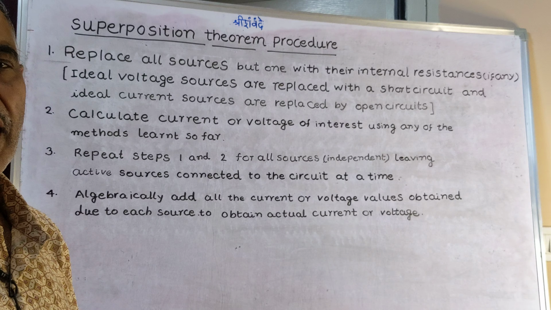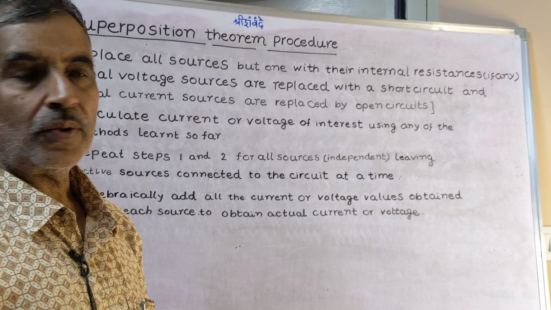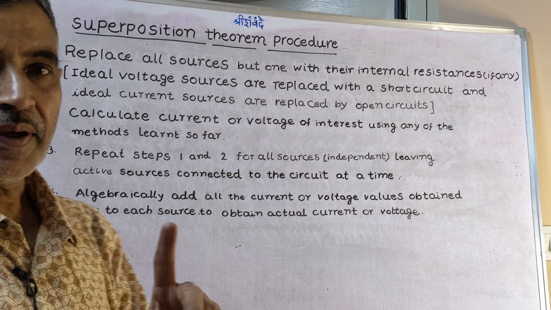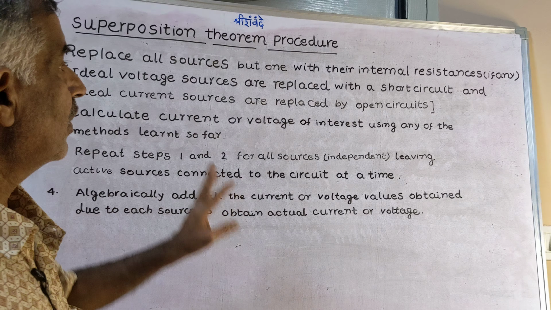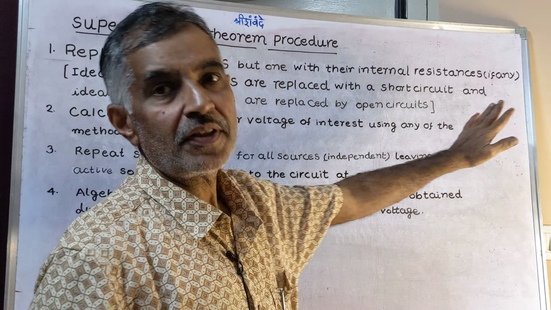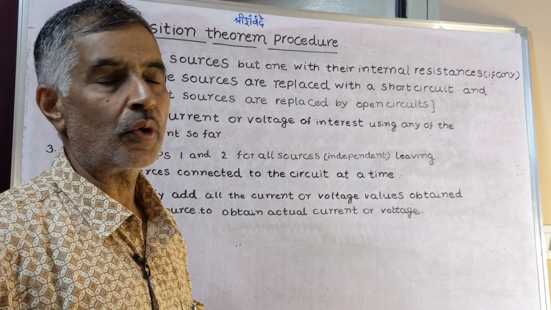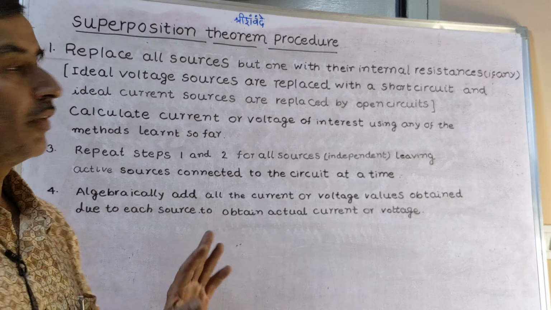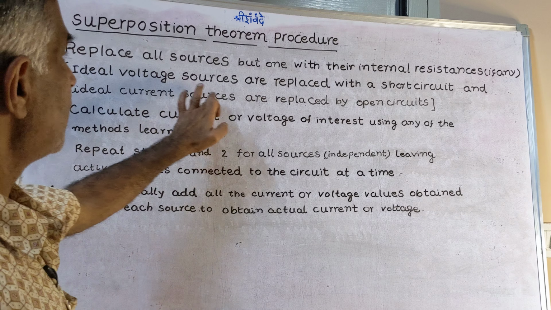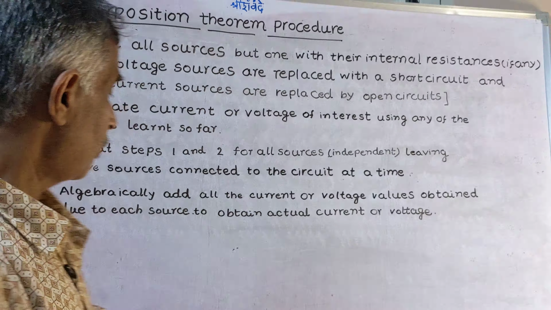Normally, sources will have internal resistance. Sometimes the internal resistances are not given; then leave it. Ideal voltage sources are replaced with a short circuit.